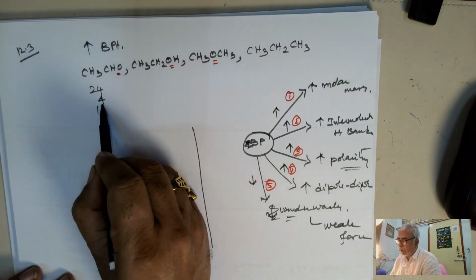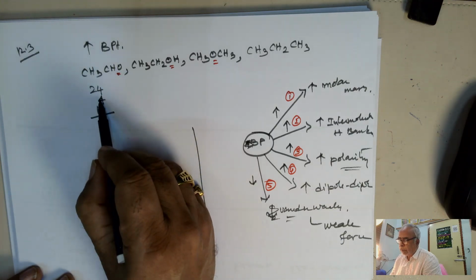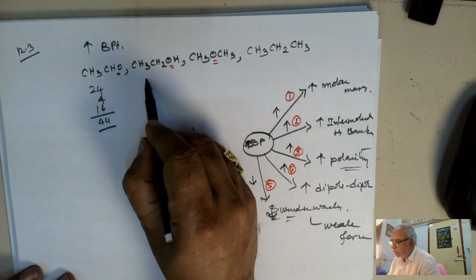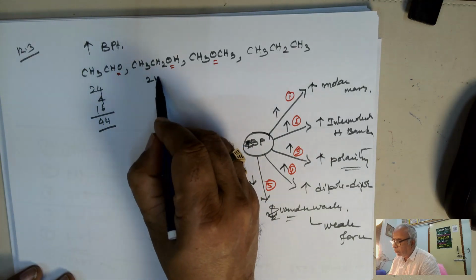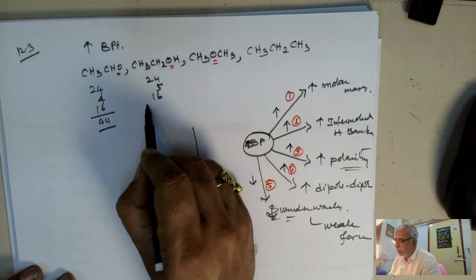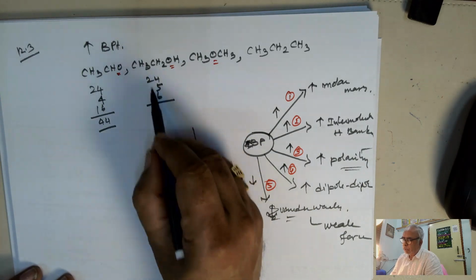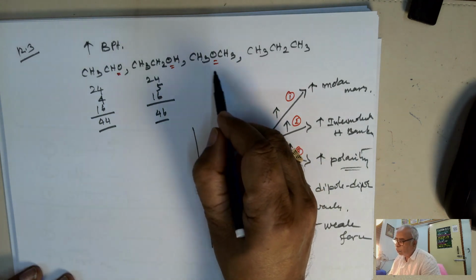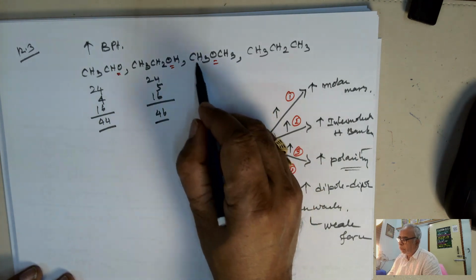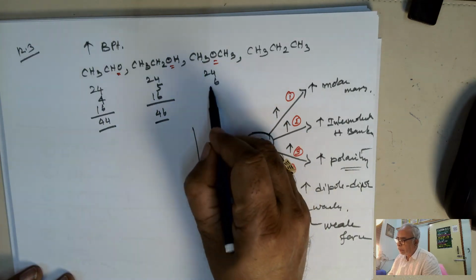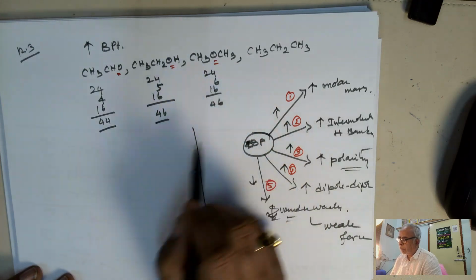Oxygen 16. So 44. Then what about this? 46. What about this? 46. There is 12, 24, 6, 30, 16, 46.